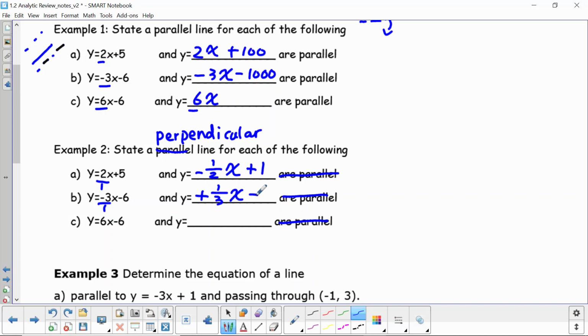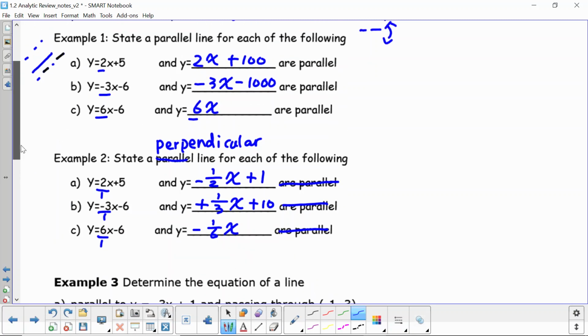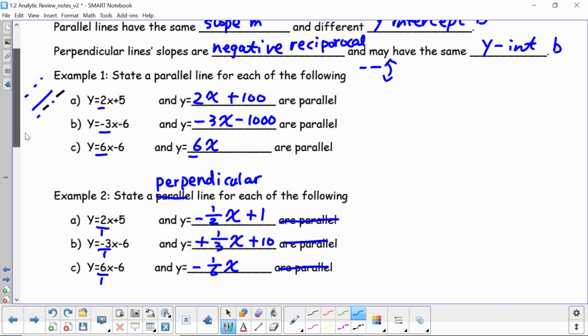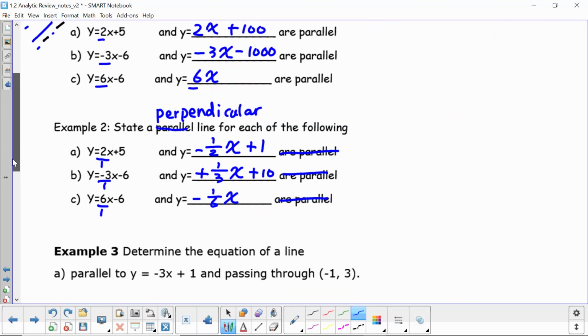Then any b value is okay. This one, negative, then flip is 1 over 6x. Then we don't bother to write the b value there. B is 0. Then it's done. So these are how you are going to find the slope for the parallel line and perpendicular line.